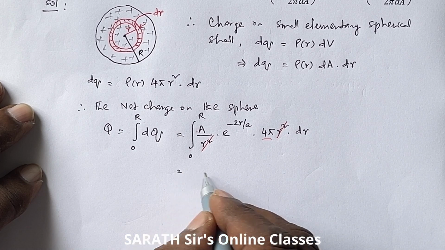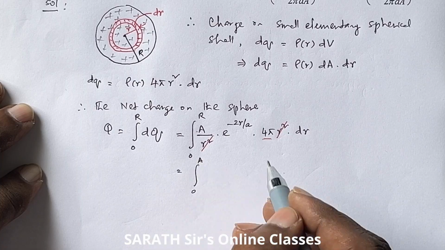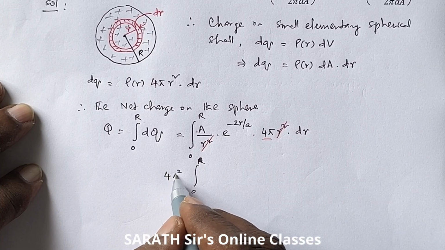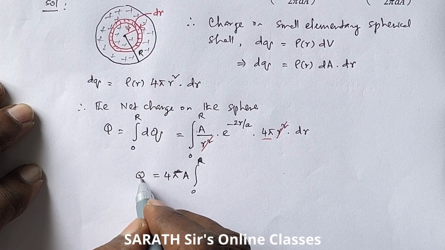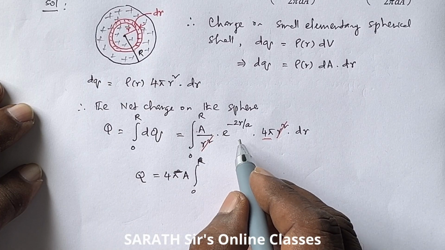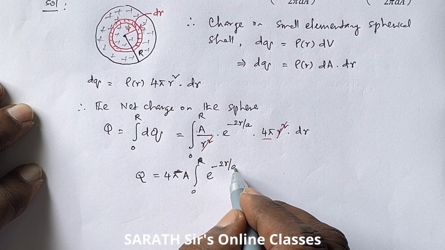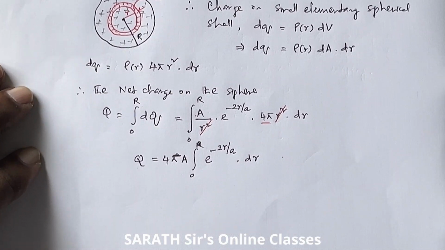So it becomes integral 0 to r, and outside 4 pi capital A comes out. This is capital Q. So what remains here? E power minus 2 small r by a into dr. This we have to integrate.